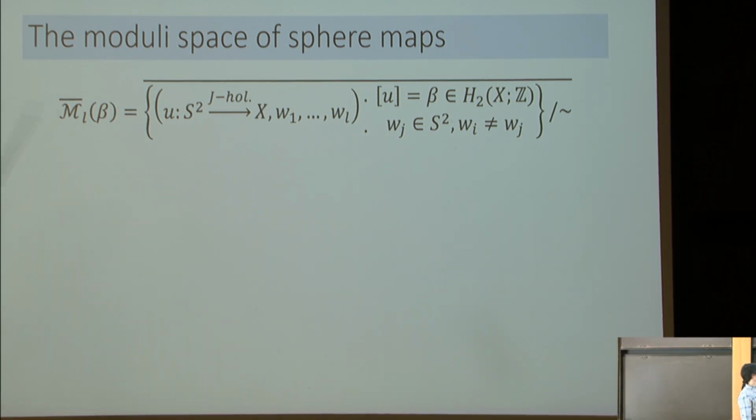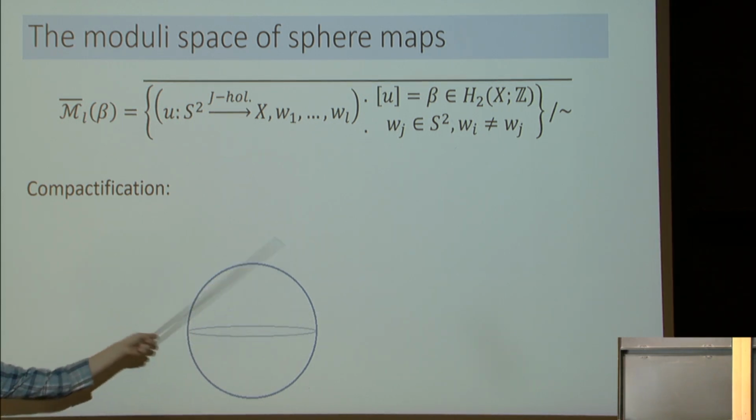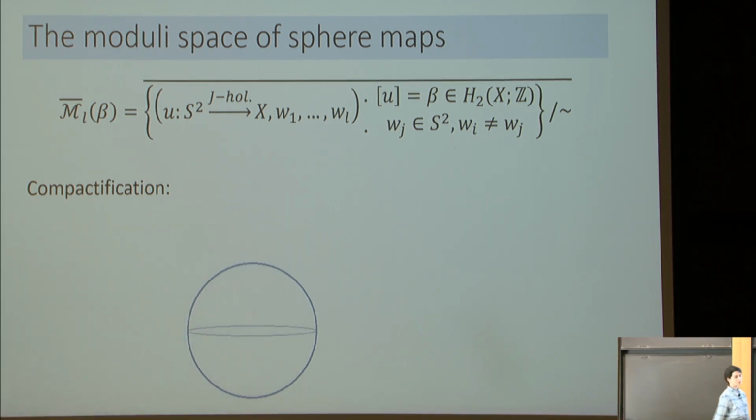And you have to compactify it, because if you want to count elements of a space, it better be a compact space. The compactification is what we call Gromov compactification. So one thing that can happen to a sequence of spheres is that a certain region in the sphere will develop much faster than the rest of the sphere.